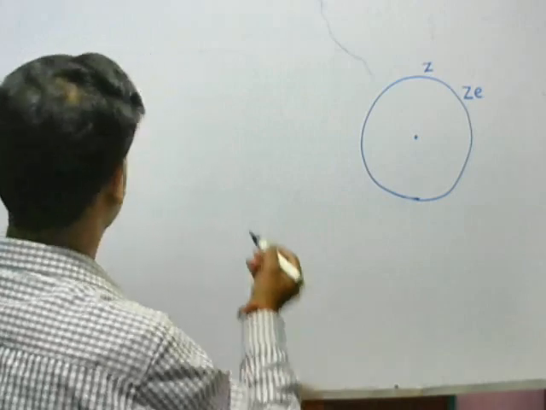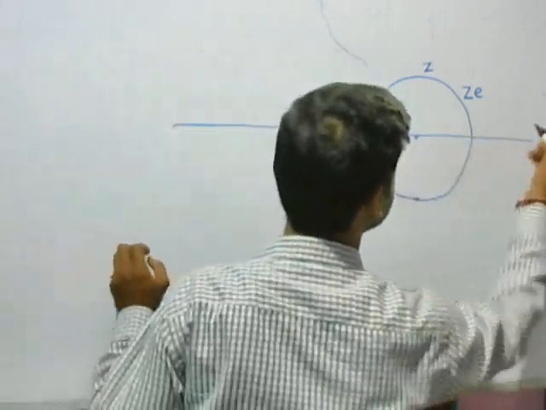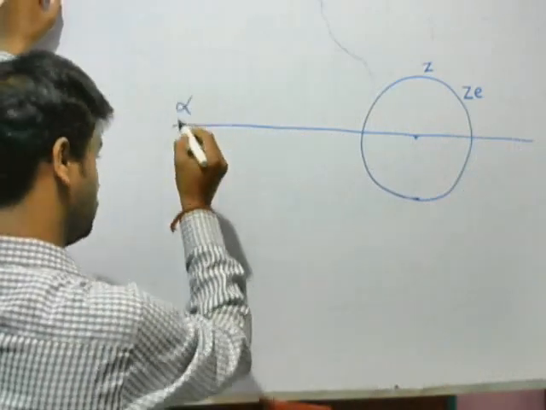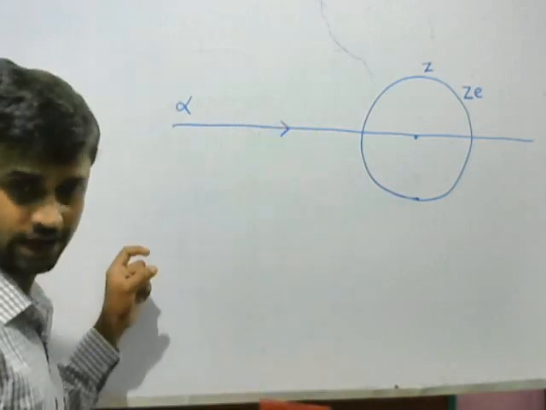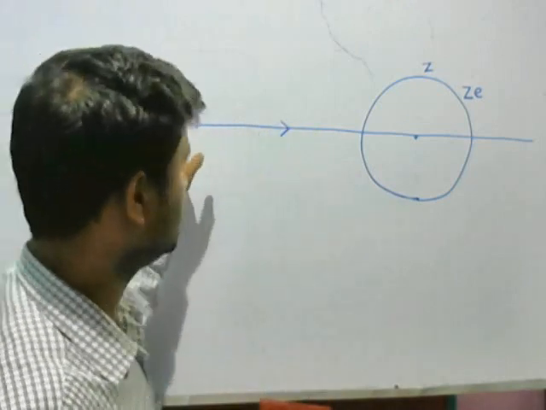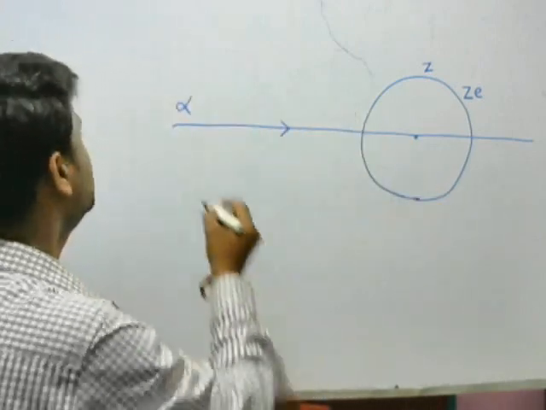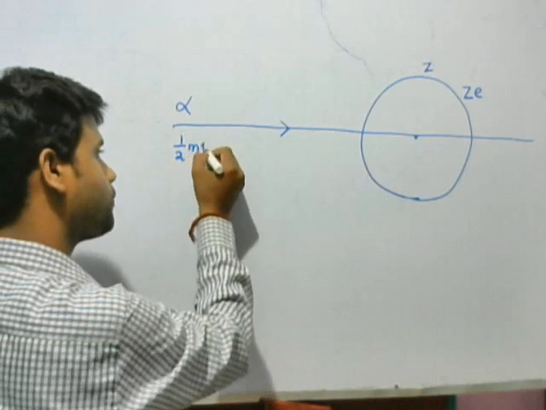Clear? This is the central line of the nucleus and an alpha particle is projected along the central line of the nucleus. That means the alpha particle is projected head on towards the nucleus with an initial kinetic energy half mv square.